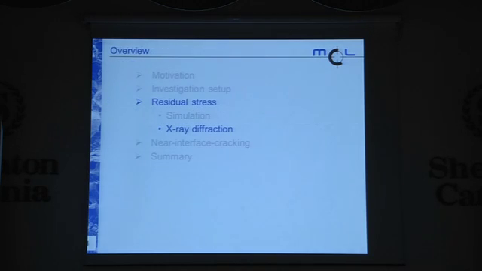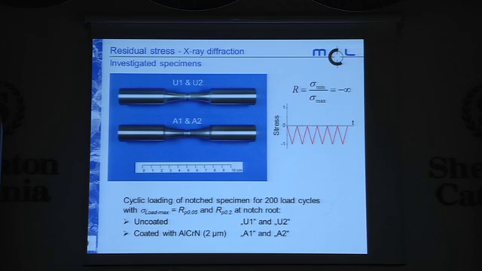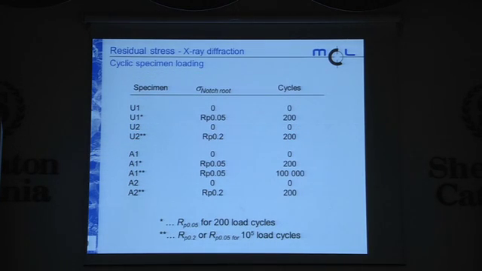Well, if we now look at experimental validation of those results, we took two specimens that were uncoated, two that were coated with aluminum chromium nitride coating. That was about 2 microns thick. Loaded it for 200 cycles to 2 different load levels. This is an overview of what we did.